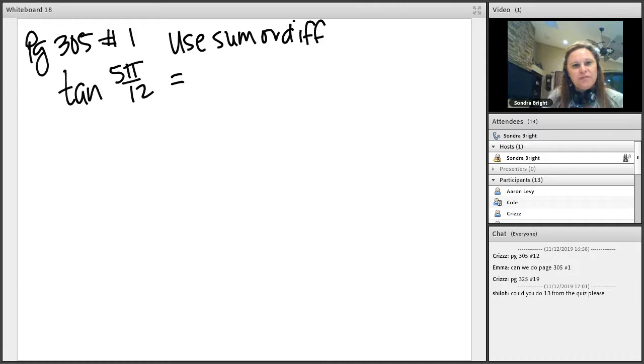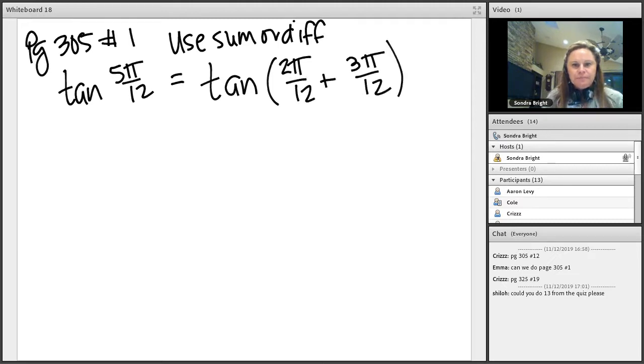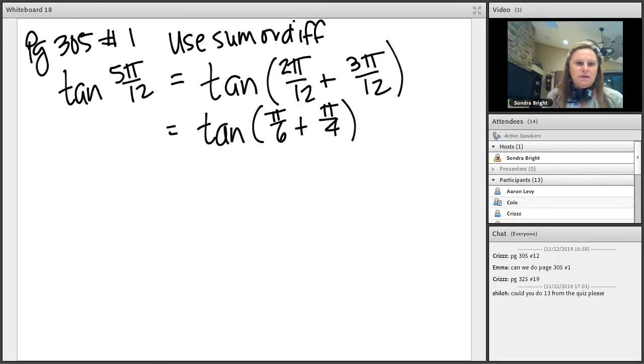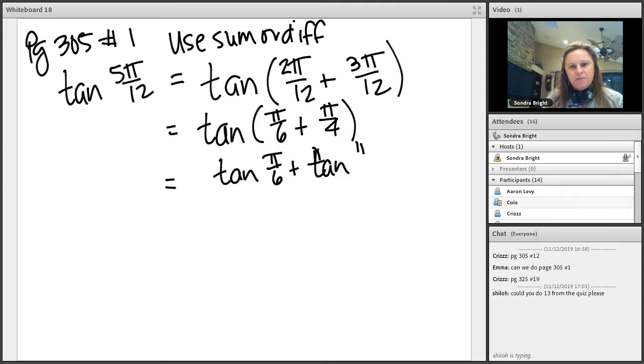So what adds up to 5 pi over 12? Well, 2 pi over 12 plus 3 pi over 12 will do it. And those guys simplify to pi over 6 and pi over 4. And then the identity for this is the top looks like a fake distribute, tangent of pi over 6 plus tangent of pi over 4, and then divided by 1 minus, and then multiply them.